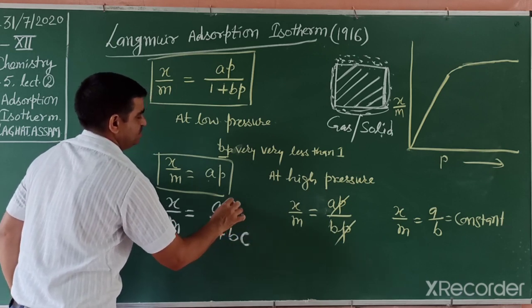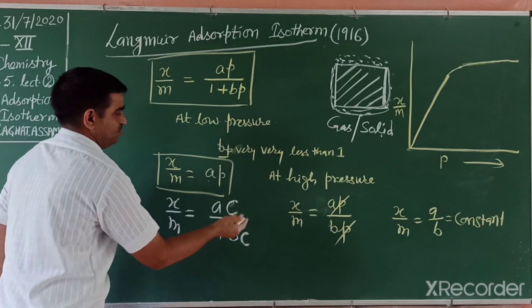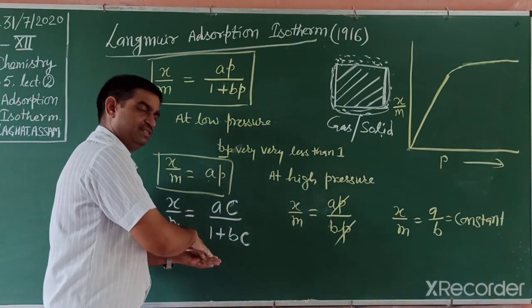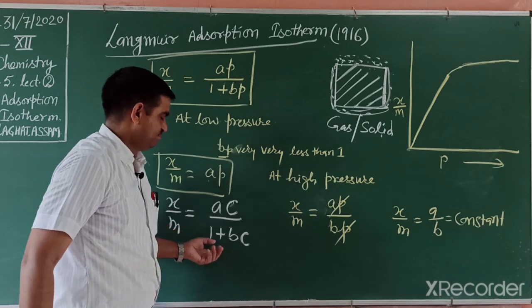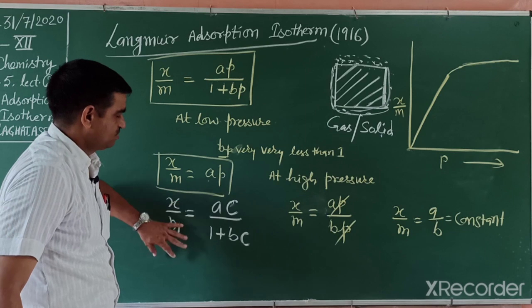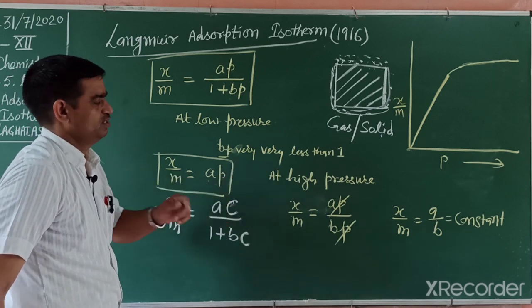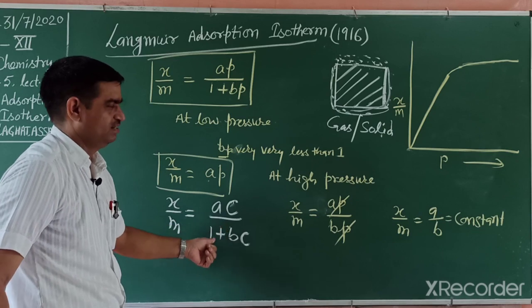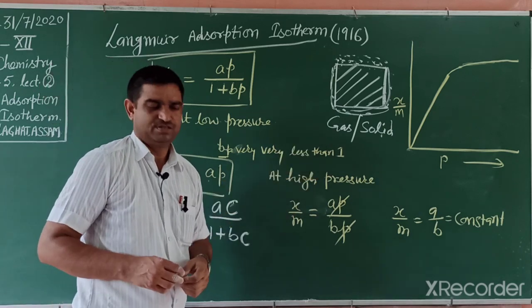What do you mean by C? C is concentration. In a similar way we can explain: at lower concentration we ignore this BC value, so x by m is equal to AC, directly proportional. But at higher concentration, we ignore 1, so that it is constant.